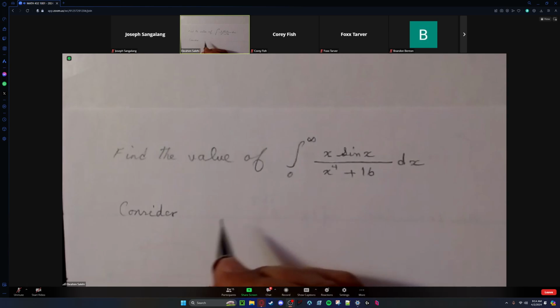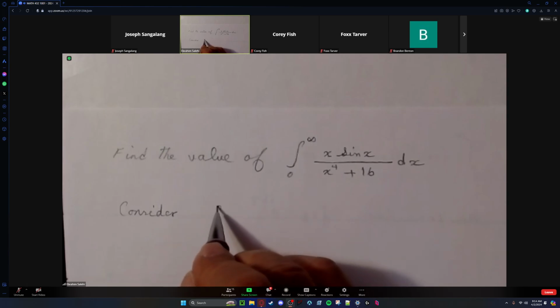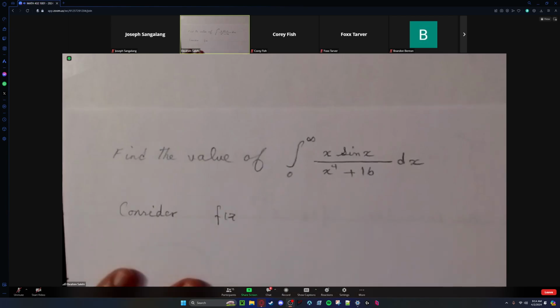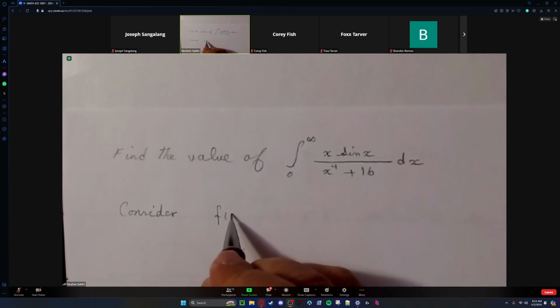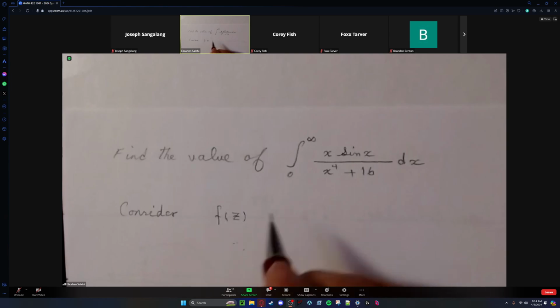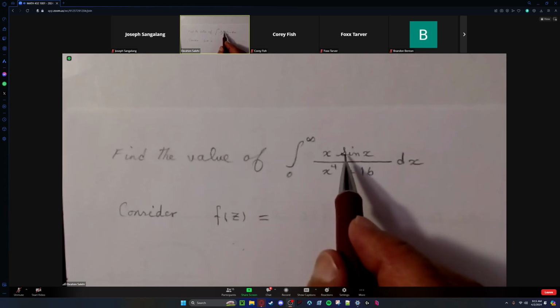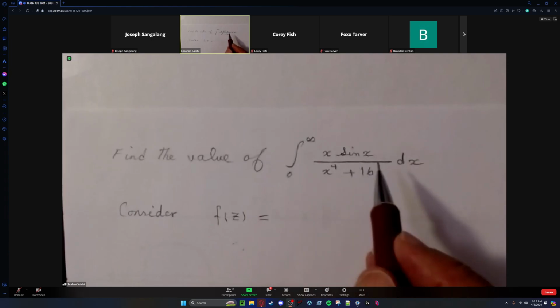I'm going to call all of it f of z. But for sine x, we don't use sine x.